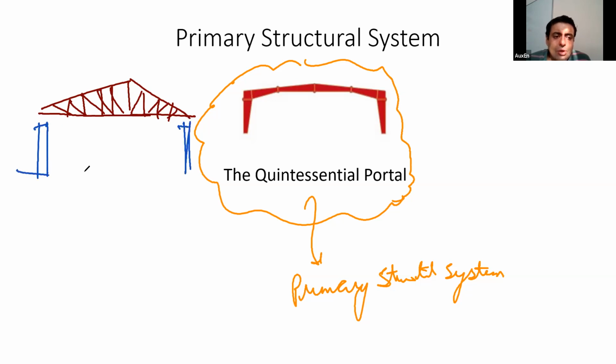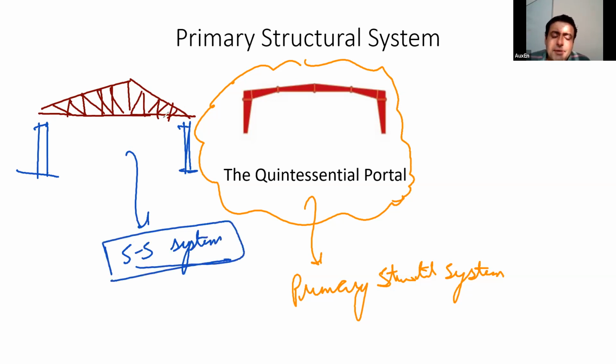So this column truss system that you see is essentially a type of simply supported system. Clear to all of you? Have you seen these types of truss systems?